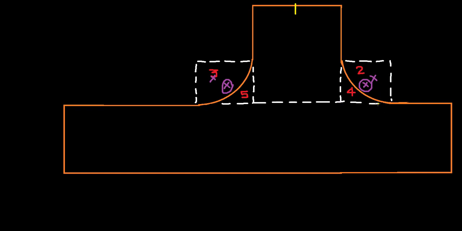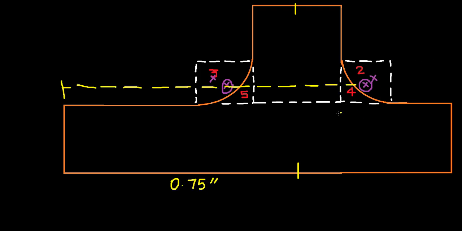Unlike the previous part, where both of them would be of the same position, here, this is slightly longer away. We already know what our lengths are. So over here, exactly at half, it's 0.75. So we already have this length.